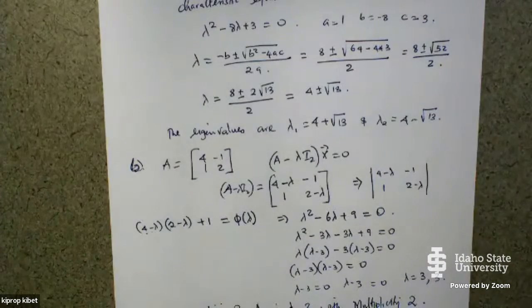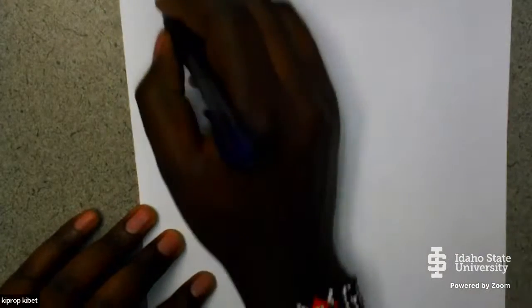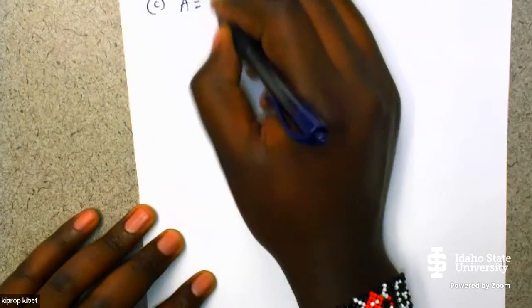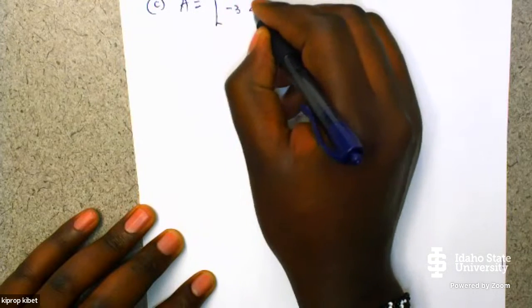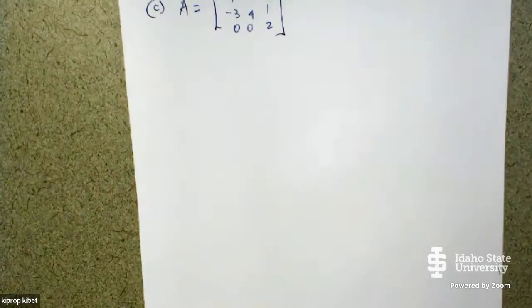So what about when you're given a 3x3? A 3x3, you do it the same way. If you're given a C here, which is A equals -1, 0, 1, -3, 4, 1, and 0, 0, and 2, you do the same.